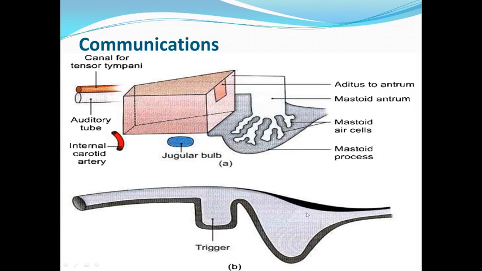The mastoid antrum or mastoid air cells will form the handle of the pistol. The auditory tube will form the passage for the bullet, and the middle ear cavity will act like a trigger. This is a sketch just to explain the communications of the middle ear cavity anteriorly with the nasopharynx and posteriorly with the mastoid antrum.